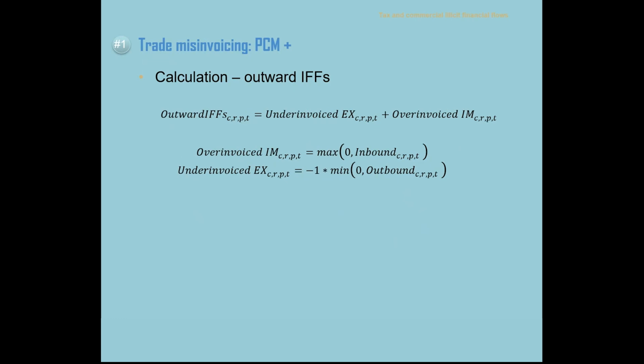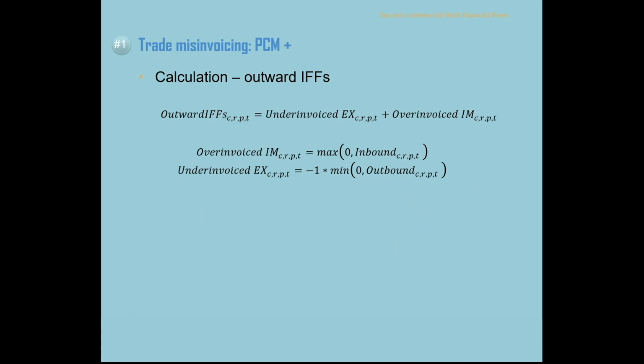For the outward illicit financial flows, of course, the story is similar, just the opposite. The outward IFFs are the illicit financial flows leaving the country. These are composed of under-invoiced exports and over-invoiced imports.